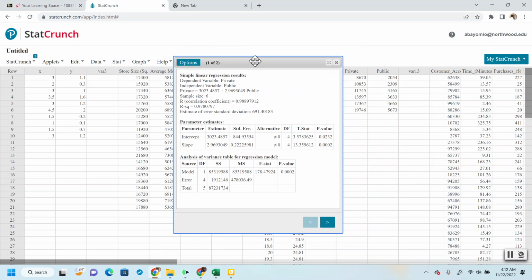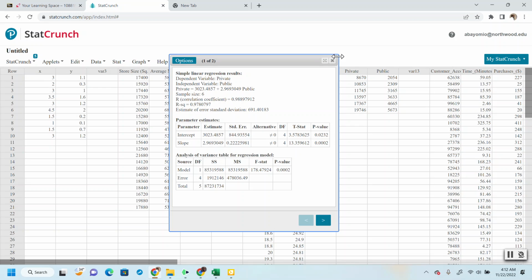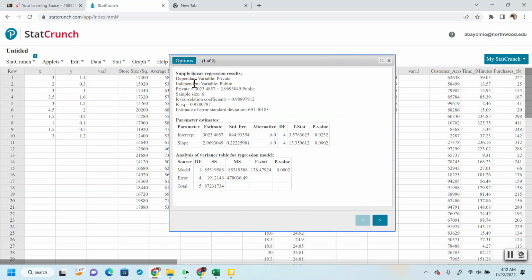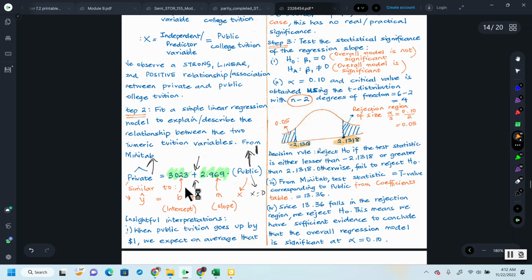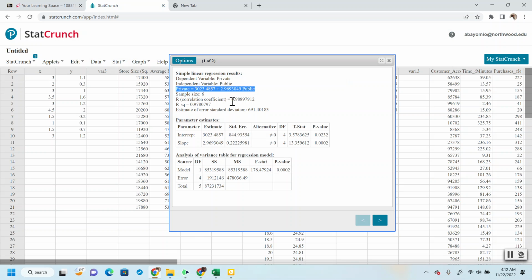And look at the wonderful output here. It reports the dependent variable, the independent variable. It reports the regression line, which is 3023.4853, which is what we had earlier, you recall? And then it also reports the correlation coefficient and the coefficient of determination.